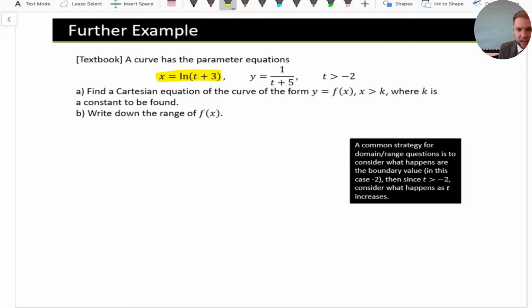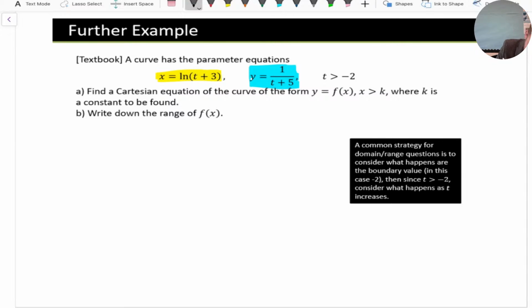The reason is that we probably want it in the form y is equal to something, because that's what we usually have for Cartesian, like y is equal to x squared plus 6, or y is equal to 2x minus 3.